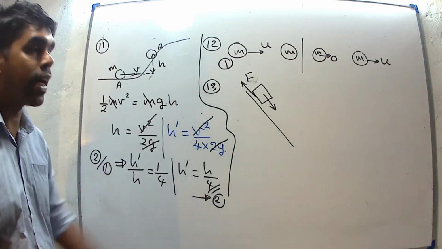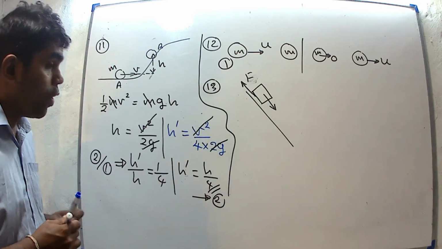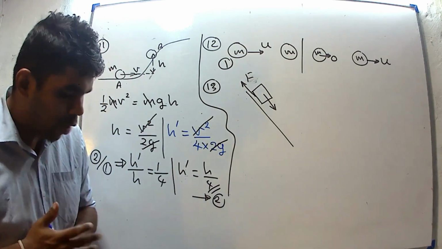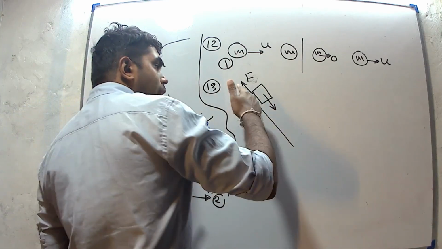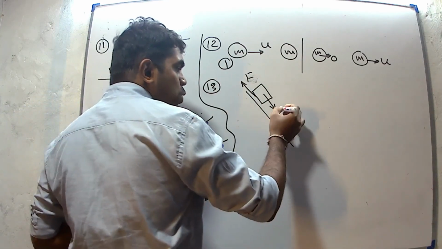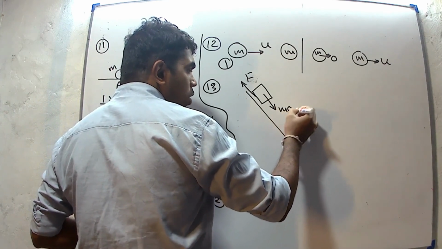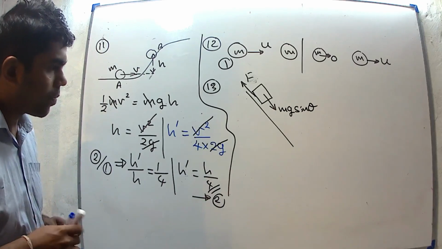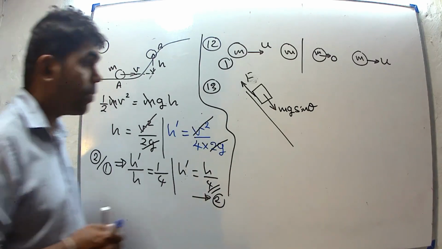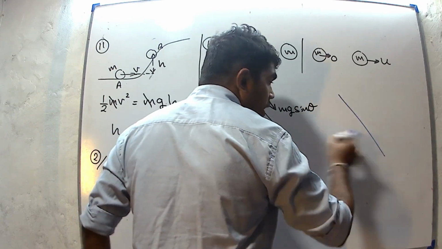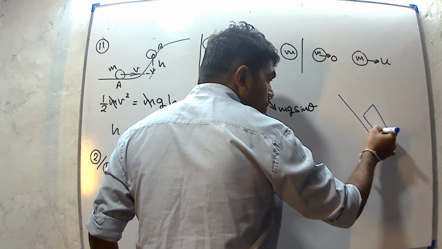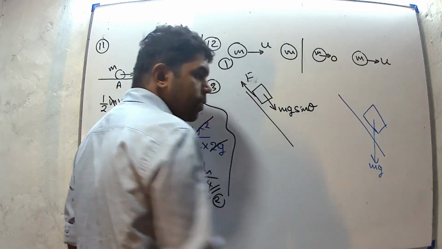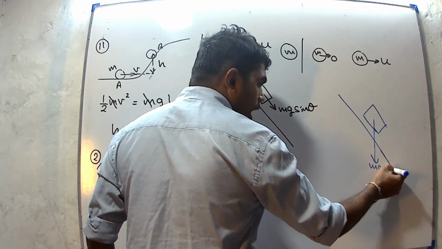According to Newton's first law, if an object is moving with a constant velocity, there is no external unbalanced force. Therefore, the frictional force should be equal to the weight component along the inclined plane. We know that it is mg sin theta. I will explain how we can get mg sin theta. Weight is in this direction, mg downward, and this angle is theta.